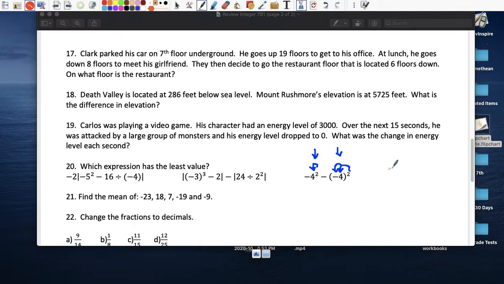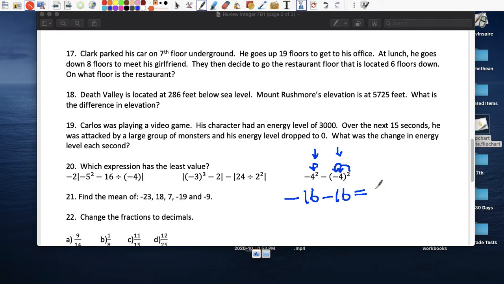So the first one ends up being minus, and then we take 4 to the second power, which is 16, right? We're not raising this minus or multiplying that minus times itself twice. Minus, and then here we take everything in the parentheses and multiply by itself. So it's negative 4 times negative 4, which becomes 16.